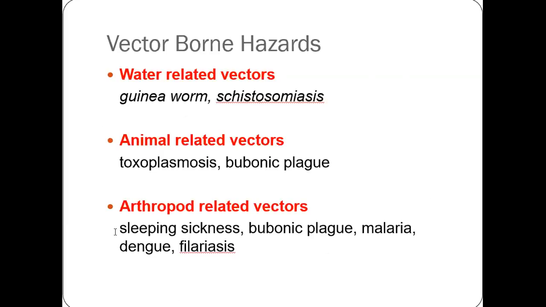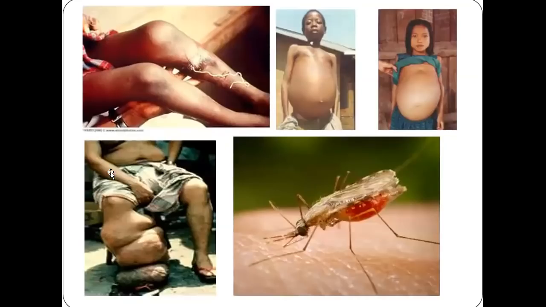So these vector-borne hazards can also lead to this type of illnesses. So you have here your guinea worm, your elephantiasis. Mosquitoes are considered to be vector-borne primarily because they carry organisms that can actually be introduced into our body as they bite us or suck our blood.